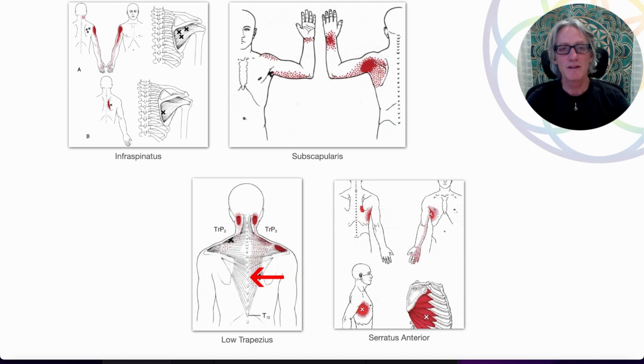The low trapezius can refer across the top of the shoulder. The serratus anterior muscle will refer pain up along the lateral border of the scapula into the infraspinatus and the subscapularis, which then refer their pain to the back of the shoulder and the front of the shoulder. That's what we call satellite referral.